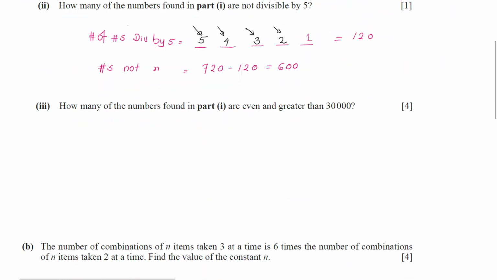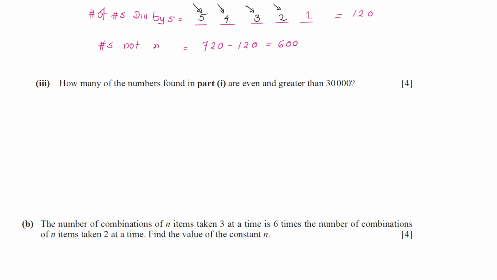How many of the numbers found in part 1 are even and greater than 30,000? So there are 2 important things here. One, it has to be even. The other is that it has to be greater than 30,000, a 5-digit number.